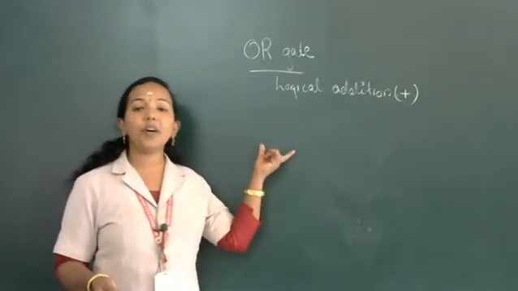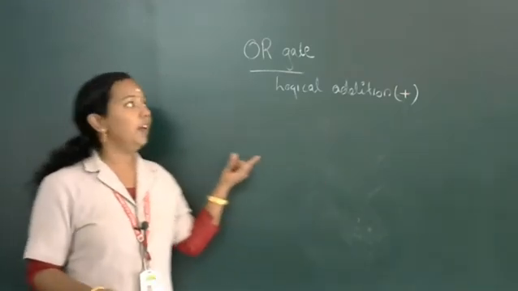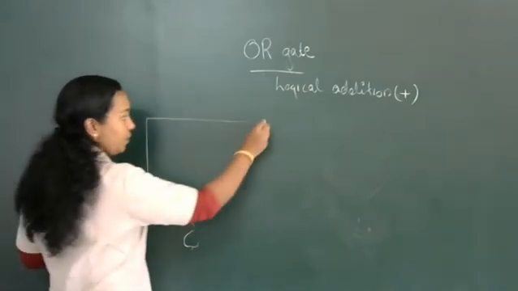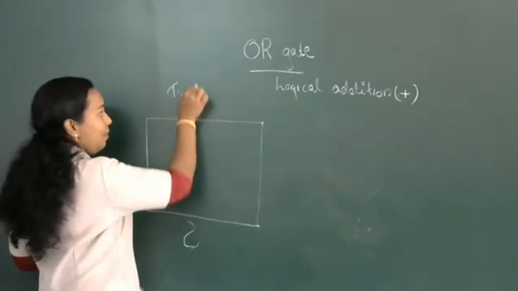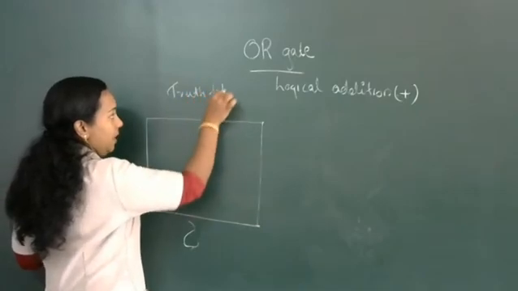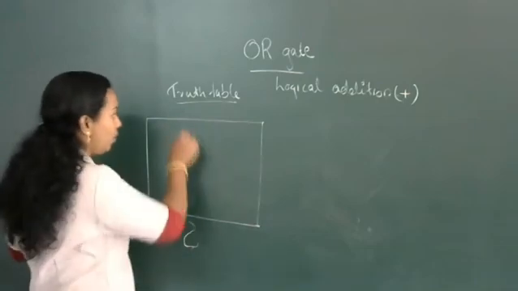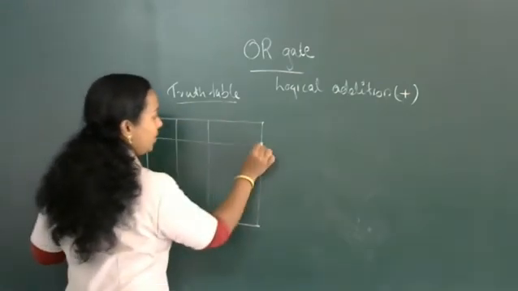Same as that, for performing the OR operation, or for the OR gate, you have to follow some rules. I am going to represent those rules with the help of a truth table. For representing the rules of the OR gate, I am using a truth table.